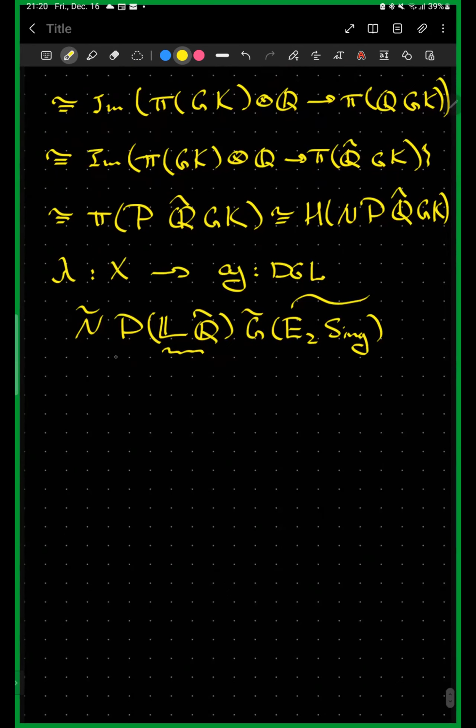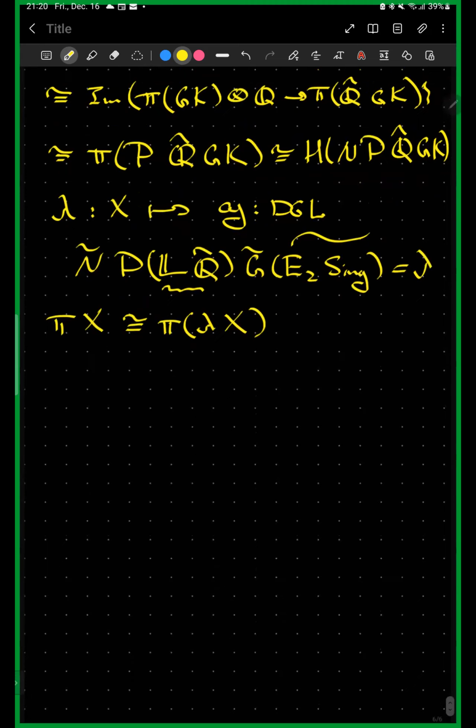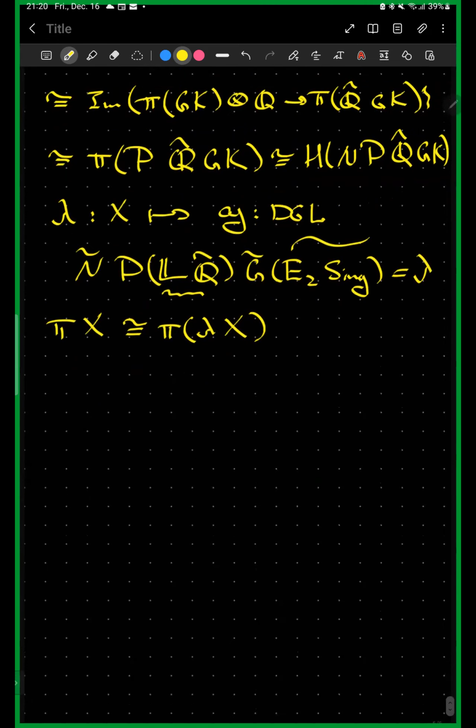And so since lambda was this thing here, we get that the homotopy Lie algebra of a space is isomorphic to homotopy of lambda X, which means that this algebraic model preserves the Lie structure in homotopy of topological space.